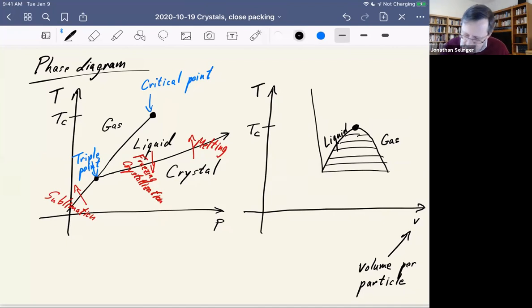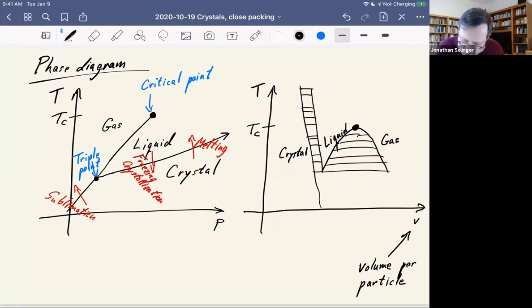And then there's going to be another boundary here with more two-phase coexistence, and then the crystal. So here we can draw two-phase coexistence between liquid and crystal.